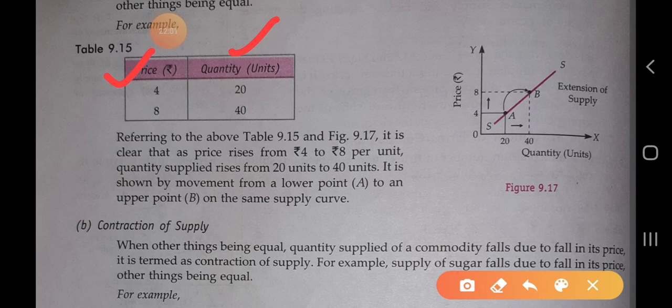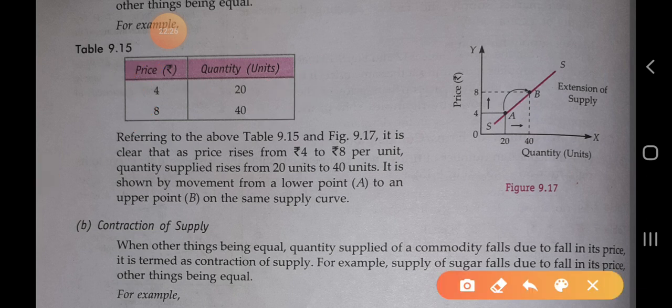So the price increases from 4 to 8. When the price of the commodity is 4, the quantity supplied is 20. When the price becomes 8, the quantity supplied is 40. Okay, so there is a positive relation between the price and quantity because both are increasing, and we have taken the other factors remaining constant.